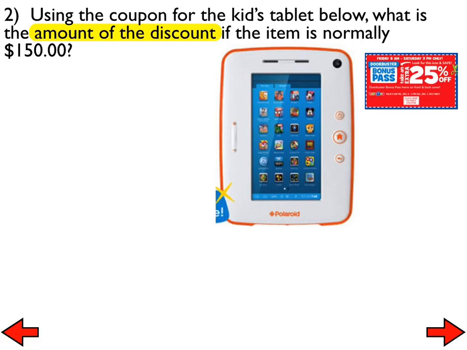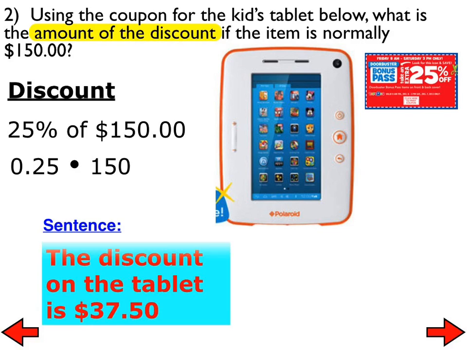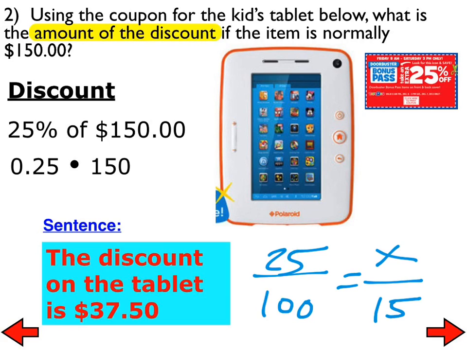Go ahead and figure that out. We need to find, in this one, 25% of $150. As a mathematics problem, that means the amount of the discount is $37.50. If you utilize a proportion, it would be 25 over 100 equals X over 150.